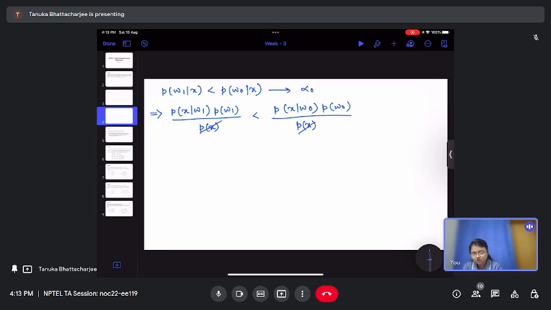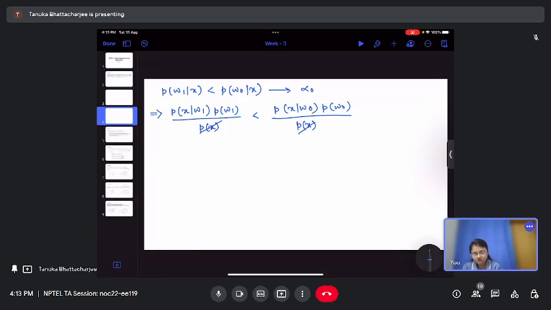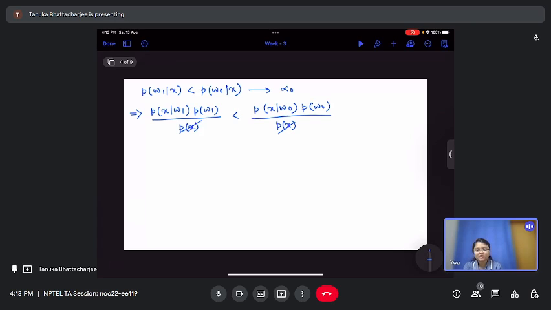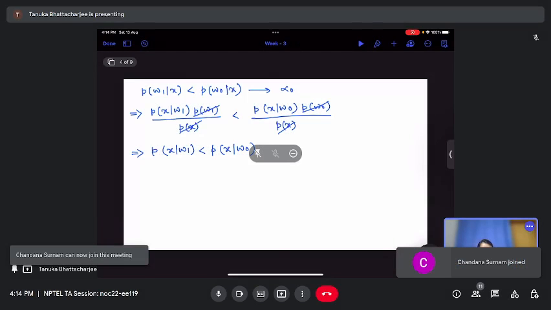Also, it was mentioned in the question that the prior probabilities are equal. So, p of omega 1 and p of omega 0 are also equal and they will be positive. So, we can cancel this also. So, the final condition that we have is p of x given omega 1 should be less than p of x given omega 0 for taking the action alpha 0.